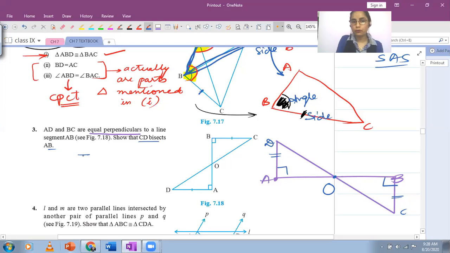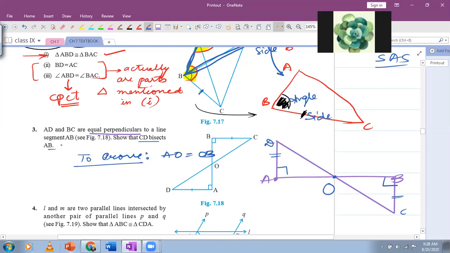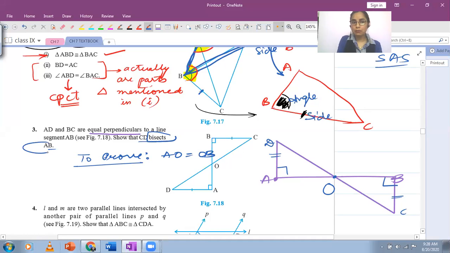So what you need to prove is AO equals OB. The bisection has been done for AB, so AB has two equal parts. This is what you want to prove.